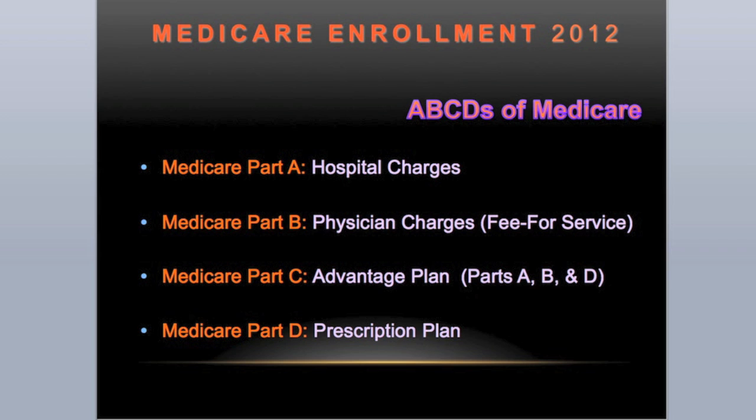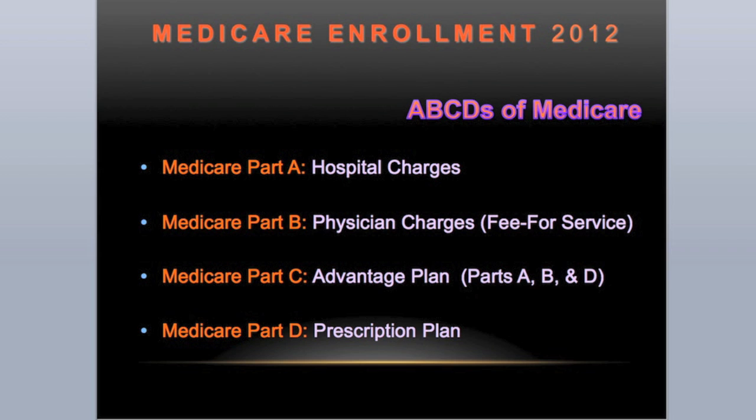If you go to an emergency room or if you're admitted to the hospital for surgery, the charges submitted by the hospital are processed by Medicare Part A. Here you may have to meet certain deductible and copay charges for the hospital charges.